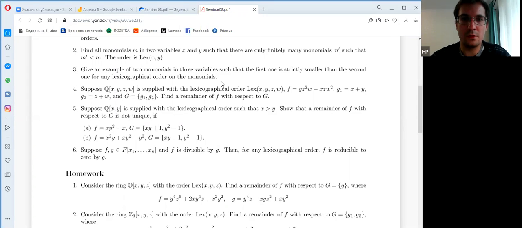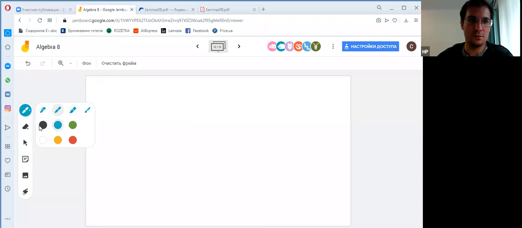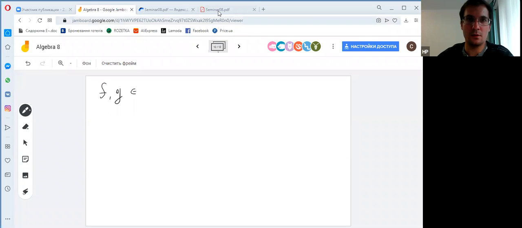Okay, and the last one: we have two polynomials in n variables, and f is divisible by g. Please prove that for any lexicographic order, f is reducible to 0 by g. We have two polynomials, f and g, in some field and n variables, and we know that f is divisible by g.